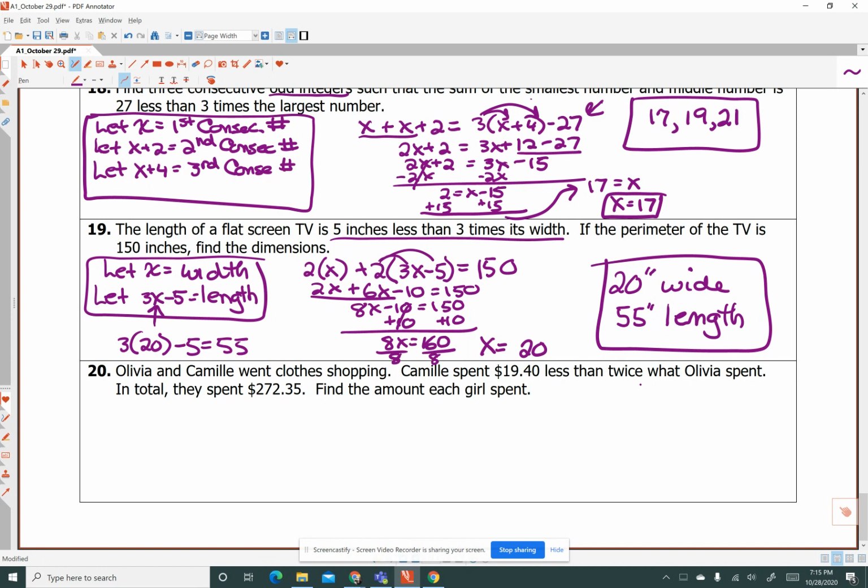So Olivia spent, let's see, Camille spent less than twice. Looks like Camille spent more. So I'm going to make Olivia spending, let me write that a little neater. I'm going to let x equal Olivia's spending.